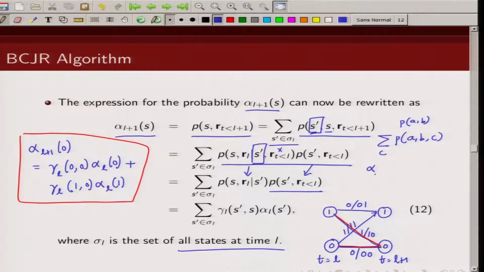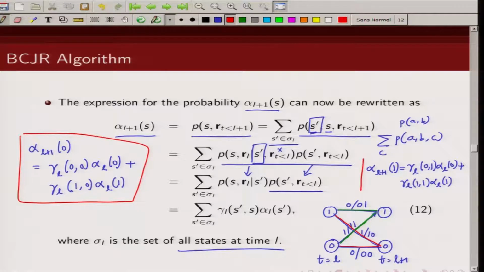Alpha L plus 1 when the final state is 1 can be written as gamma L 0 1 times alpha L 0, plus this. This corresponds to this transition: gamma L with initial state 0, final state 1 and alpha at time L of 0, plus this other transition, which can be written as gamma L 1 1 times alpha L 1.